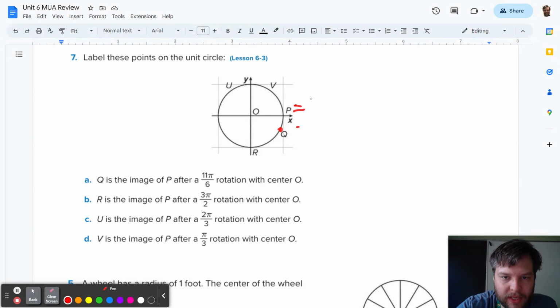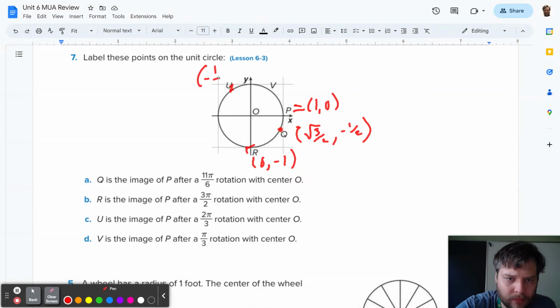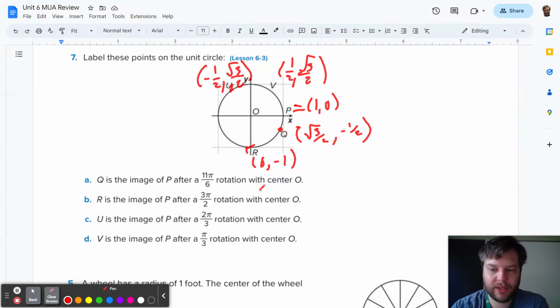So we're saying P is (1, 0). Q is (root 3 over 2, negative a half). So I'm just using the unit circle to label these. And that's all there is to it. Great. So just make sure you know how to label them all.